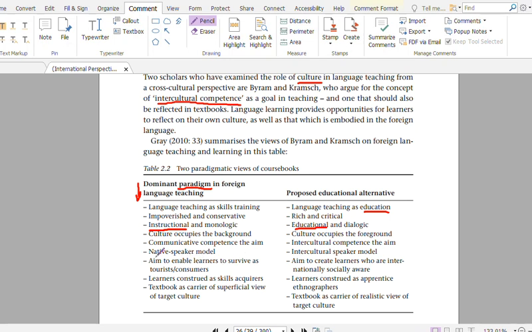Here, native speaker model is used. For example, they focus on British English or American English, but here we have intercultural speaker model. It means that world English should be used because proficiency is important, not native likeness in terms of accent. Those who are proficient users of language are better users of language.